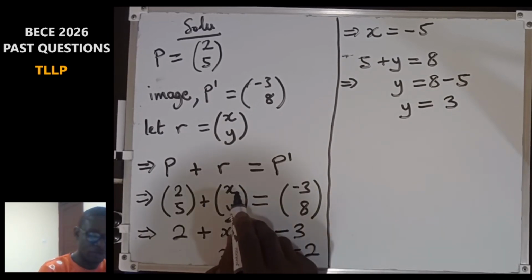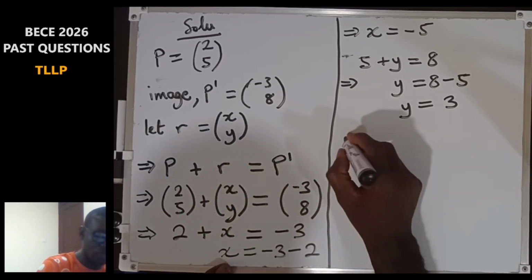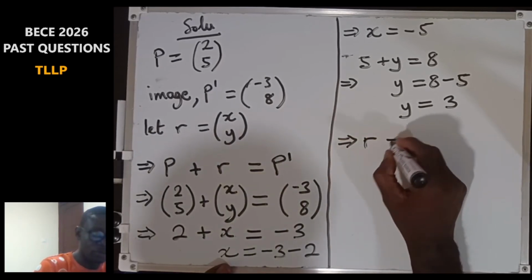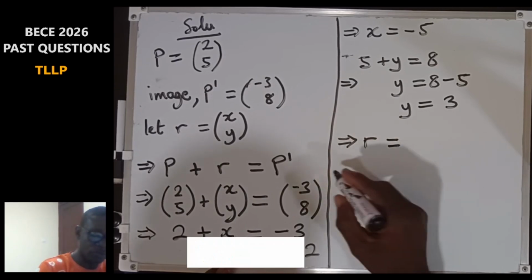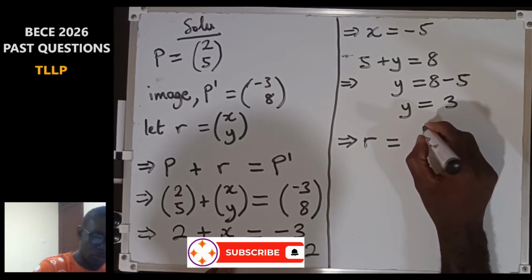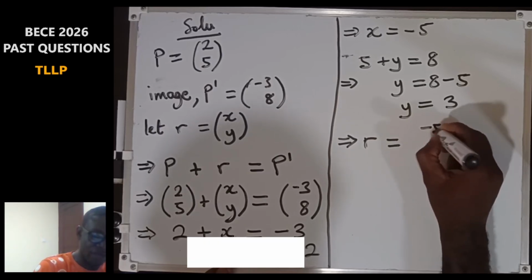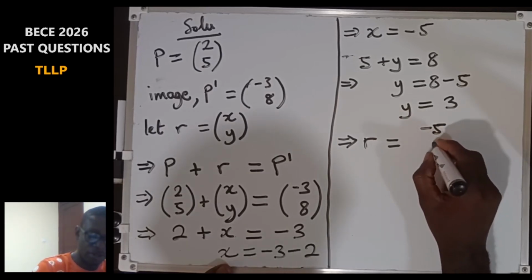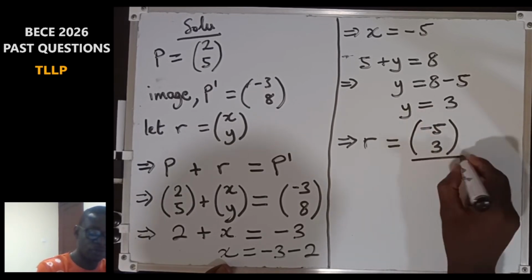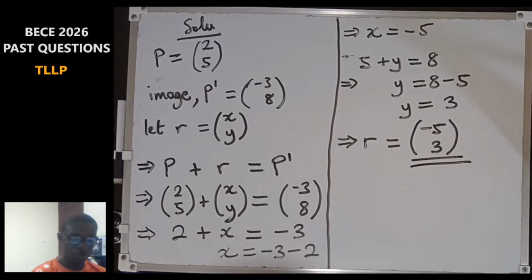So you see we have our x, y here. So this implies that the vector r is equal to my x, which is minus 5, and my y, which is 3. So this becomes my vector r.